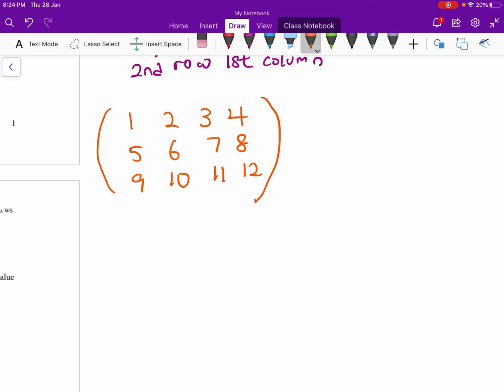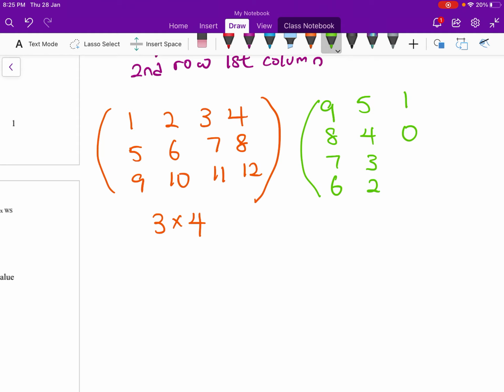This is a 3 by 4 matrix. Remember to multiply by another matrix, maybe I give you a 4 by 3: 9, 8, 7, 6, 5, 4, 3, 2, 1, 0.